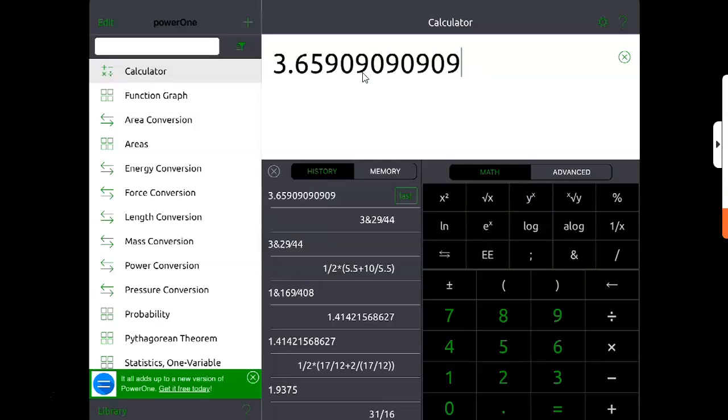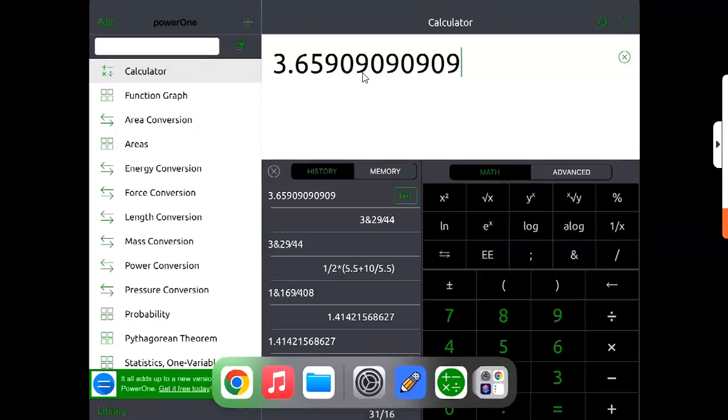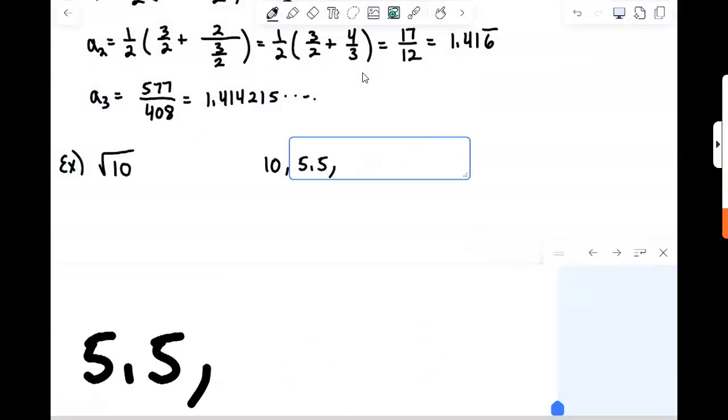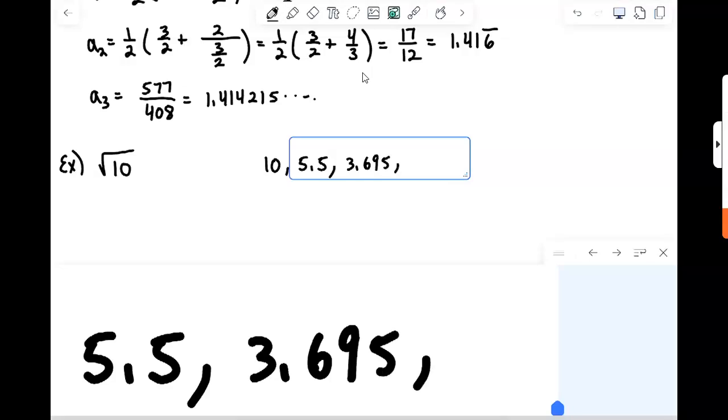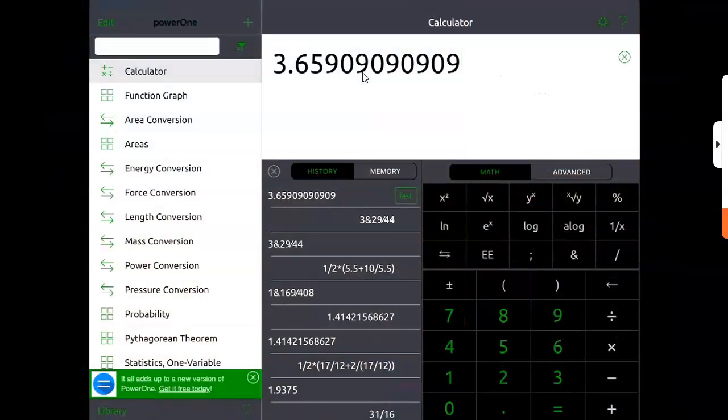And there it is, 3.659. I'm just going to go with that decimal approximation. Now I'm going to use that previous answer, click my answer button and bring it up. 1 divided by 2 times the last value plus 10 divided by the last value.